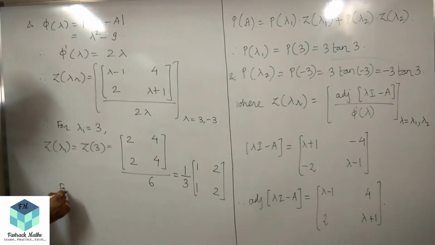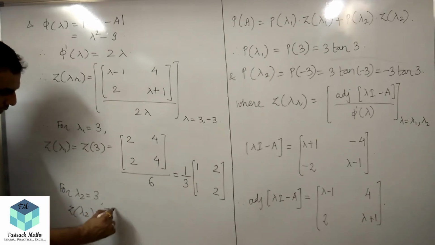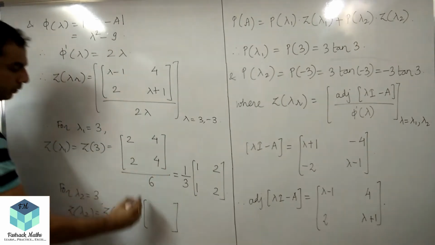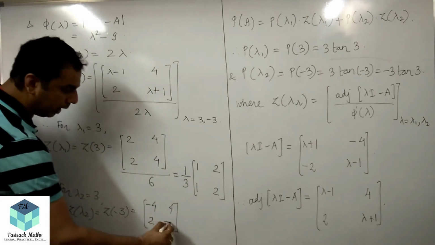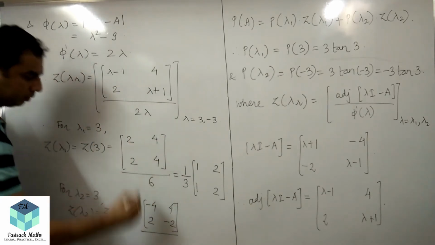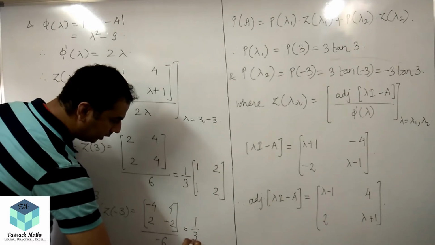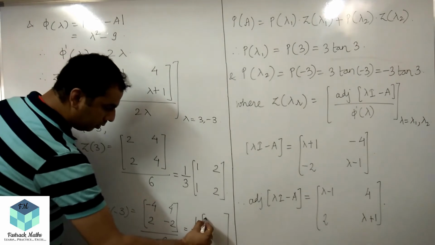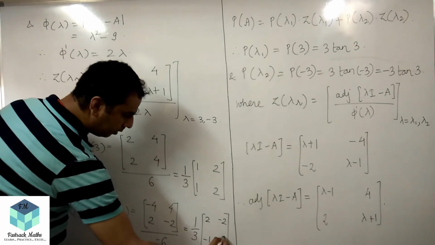Similarly, for lambda 2 equal to -3, Z of -3 is [-4, 4; -2, 2] upon -6, which can be written as 1 by 3 times [2, -2; -1, 1].